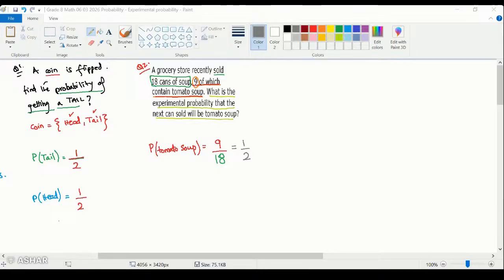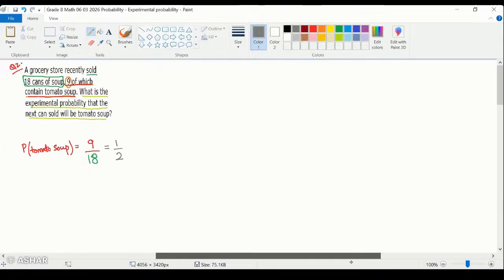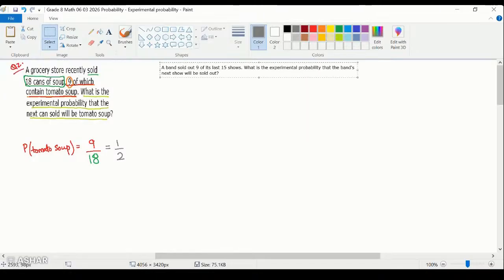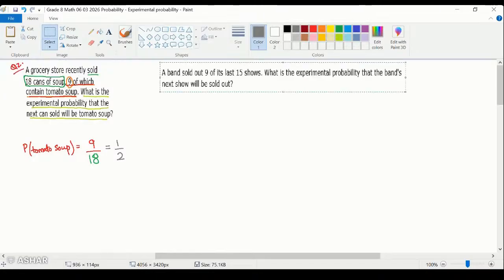Okay, let's have a look at another example. For the next question, question number 3, they're saying a band sold out 9 out of 15 shows.